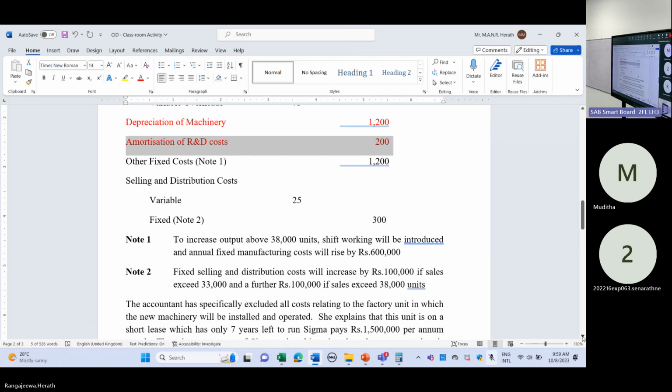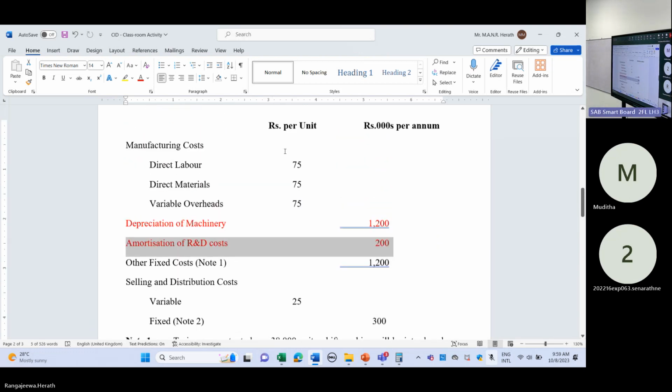To increase output above 38,000 units, shift work will be introduced, and annual fixed manufacturing cost will be raised by 600,000. This manufacturing cost covers all of these: depreciation, R&D, other fixed costs.